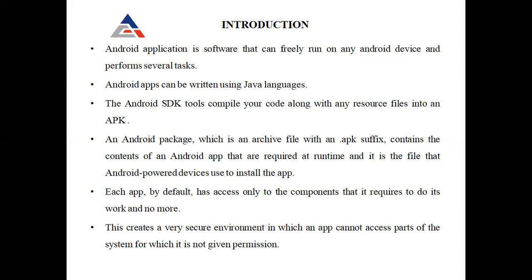An Android package, which is an archive file with an .apk suffix, contains the content of an Android application that is required at runtime, and it is a file that Android powered devices use to install an application.